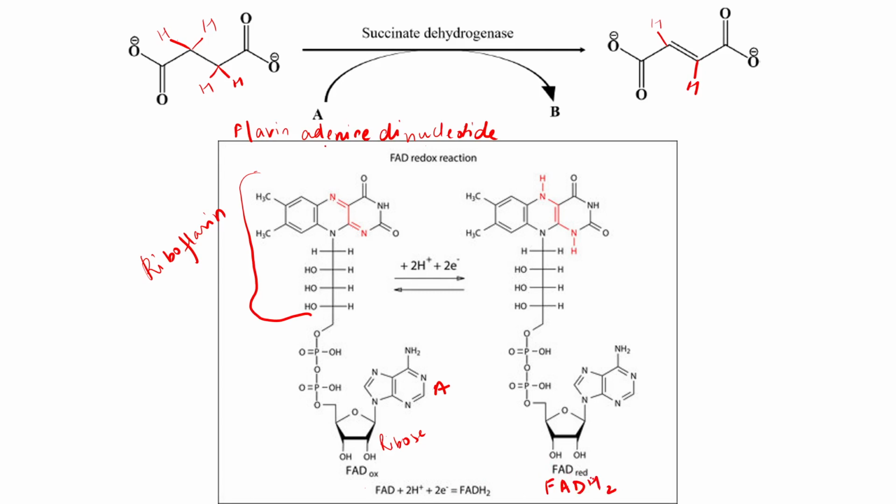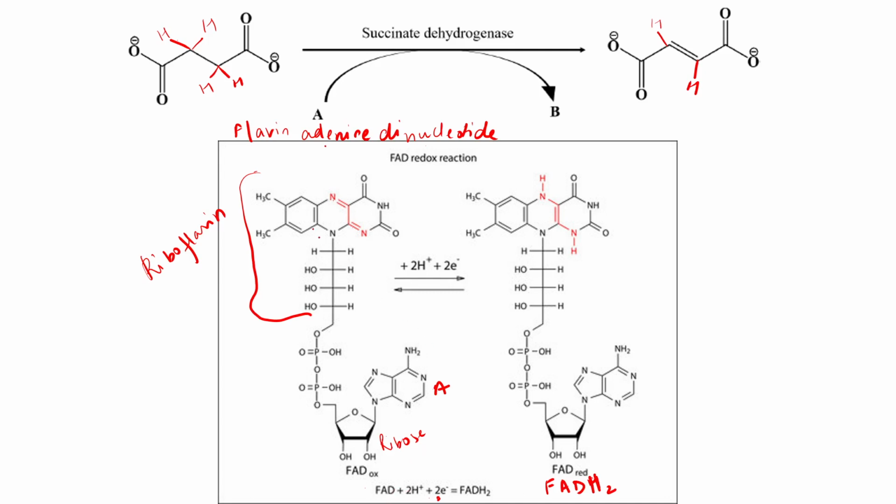Two hydrogens are attached to FAD to become FADH2. This is the reduced form. Here you can see two electrons are added, so that means reduction is happening. The reverse reaction would be an oxidation where electrons are removed. Addition of electrons is reduction, removal of electrons is oxidation.